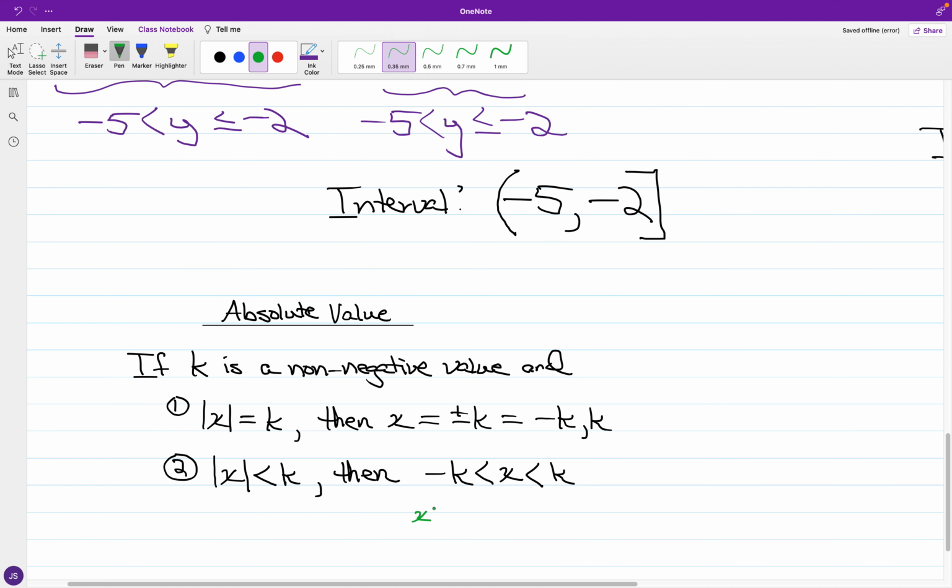And that's just a logical equivalent. So you have x is greater than negative k, x is less than k. Again, just flipping it, we have negative k is less than x, and x is less than k.